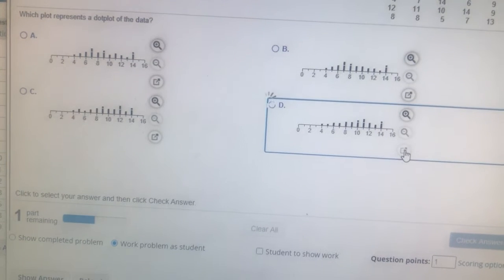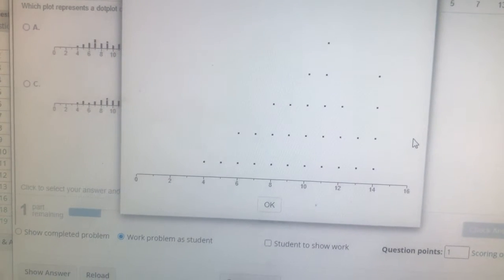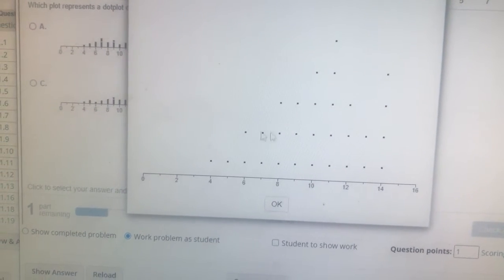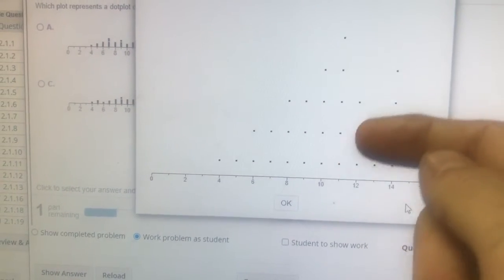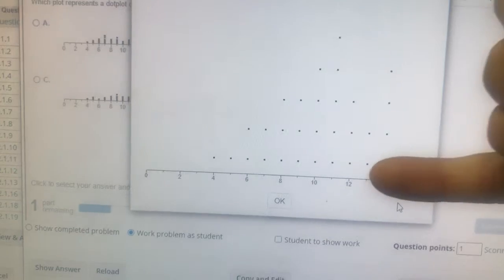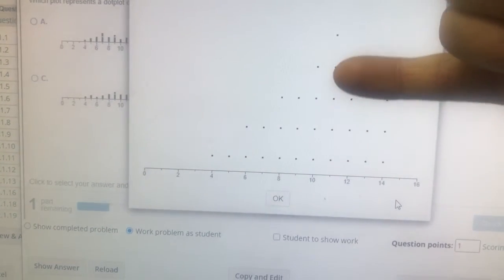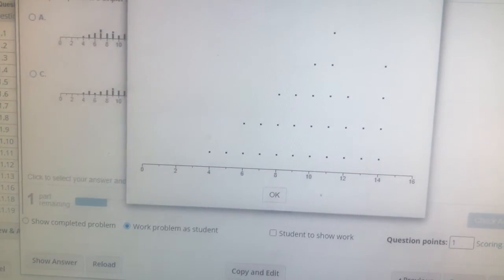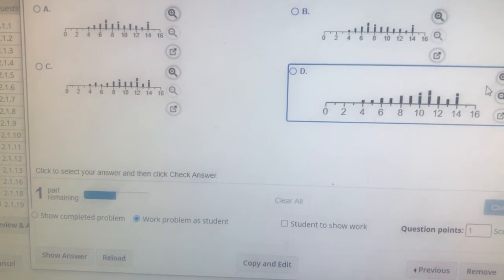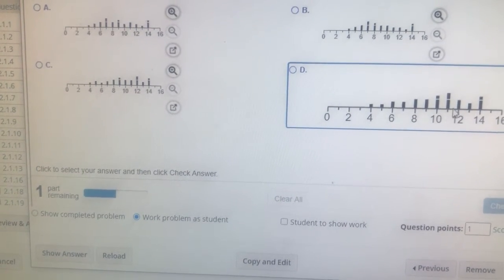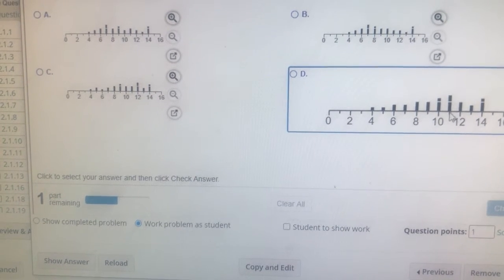If I hit this one here, it puts it in a different window. And now you can see the dots are broken up. Like see here at 11, you got 1, 2, 3, 4, 5. Now if I blow it up like this, it just makes it bigger and bigger. But you see at 11 how it's got just these 2 things.